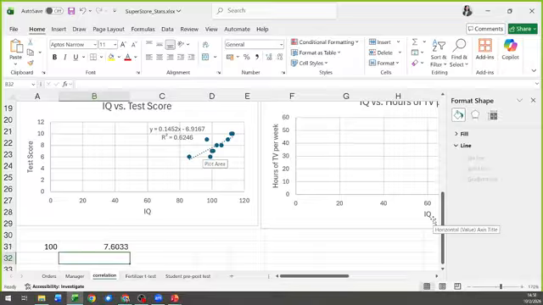What do I get? I get 7.6033. This is the prediction or forecasting of my daughter's test score if she has 100 IQ. So it means that this line gives you some inference about your data in the future, right? Unknown data that you may come up with.